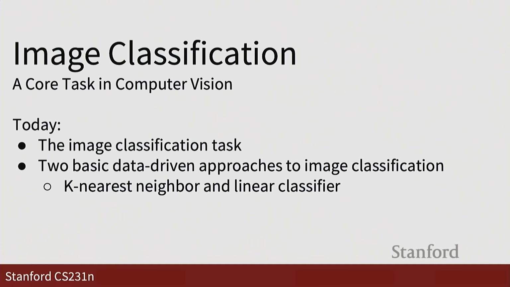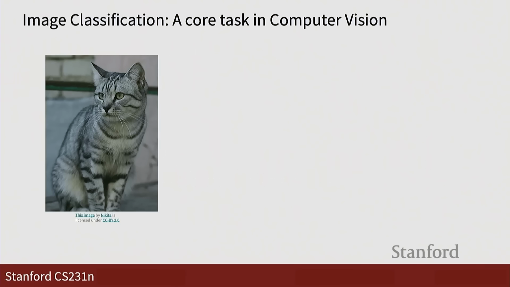We want to define the image classification task today, and then introduce two of the data-driven approaches for image classification. One of them is nearest neighbor, and the other one is a linear classifier. There are some other approaches which we have listed in our backup slides, and you're welcome to look at them after the class. But this is what we will be covering.